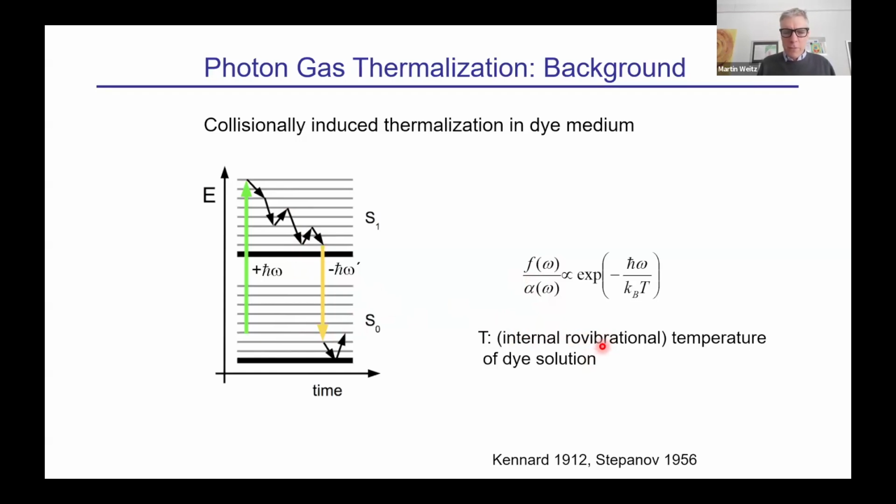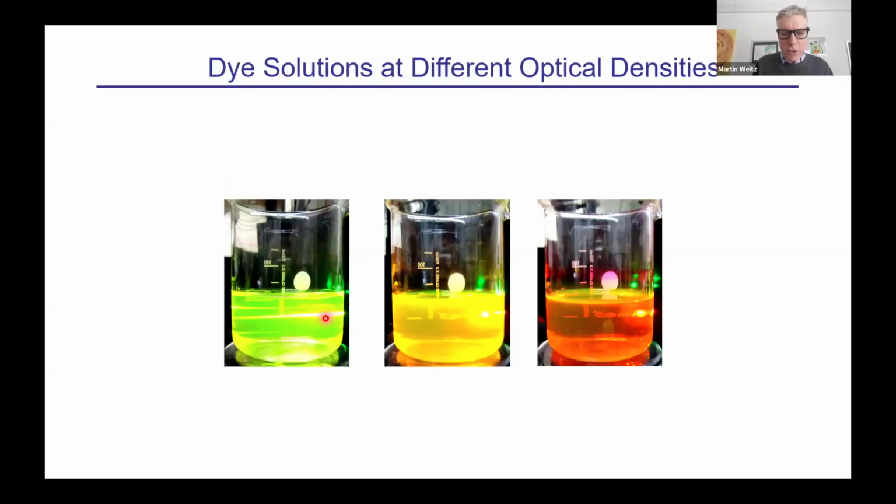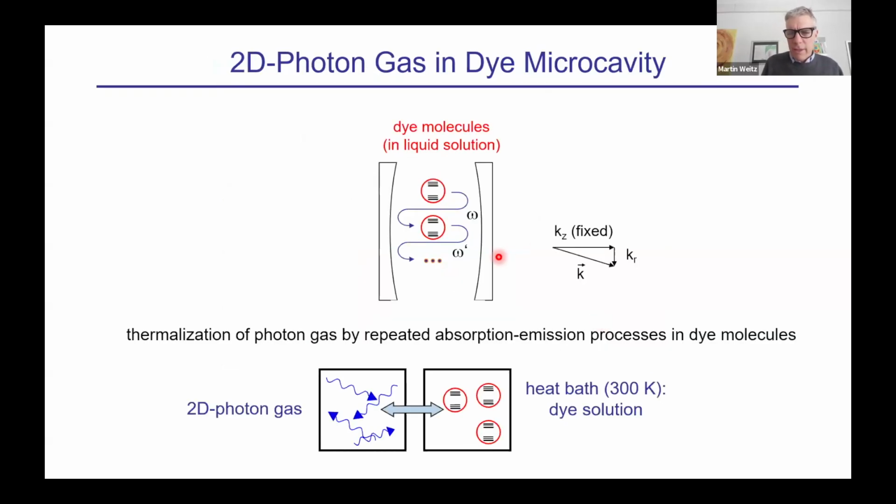So what happens if you absorb a high-frequency photon before it emits? It relaxes to a lower rovibrational state, and you get a Stokes shift of the photon. If there's more and more of such Stokes shifts in free space, you run out of resonance, and the thermalization stops. But in the microcavity, as I've been mentioning, there's a low-frequency cutoff, and one gets a thermalized state on top of the cutoff.